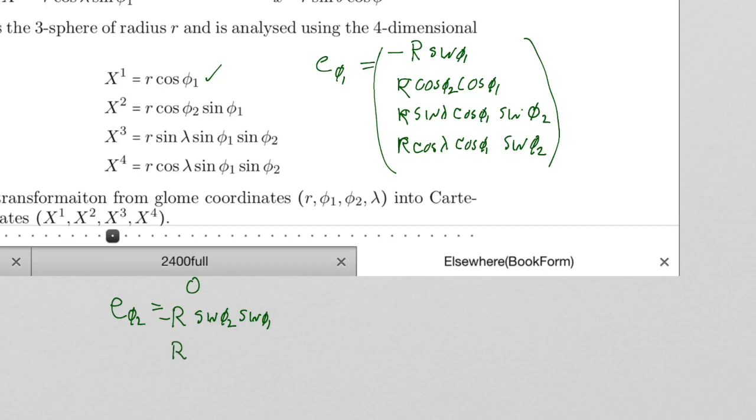And then this will be R sine lambda sine phi 1, and then I guess it's cosine phi 2. And then this will be R cosine lambda sine phi 1 cosine phi 2. Yeah, and that's this guy, right?